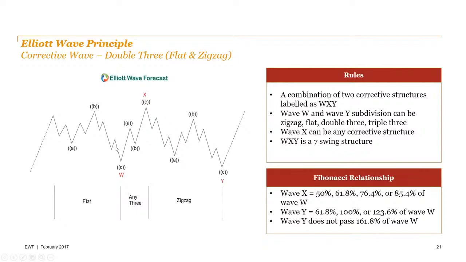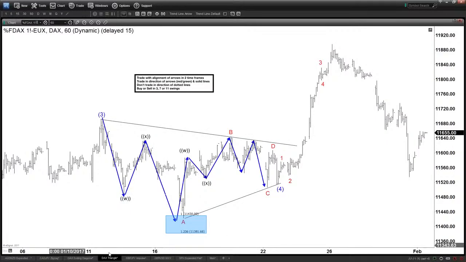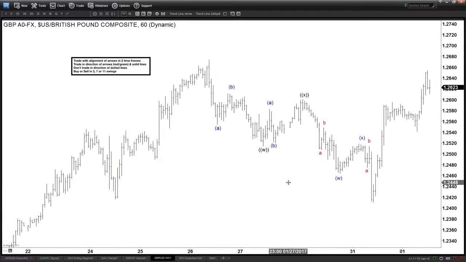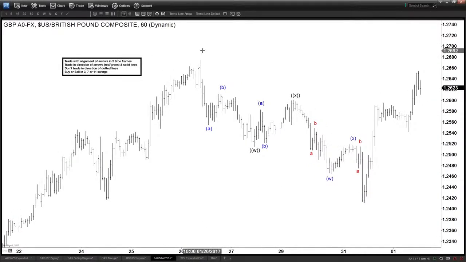Okay, let's take a look at an example of a WXY. Here is the pound US dollars 1 hour chart. Okay, so you see this one here, W. From this peak, we have a WXY. Very simple, right? 3 waves down. 3 waves down.